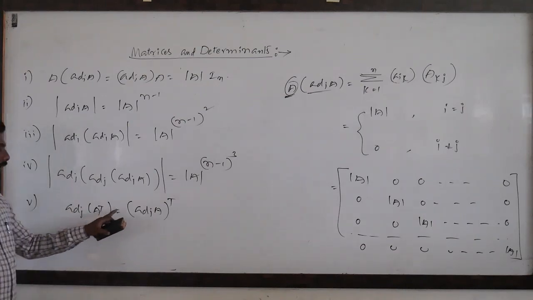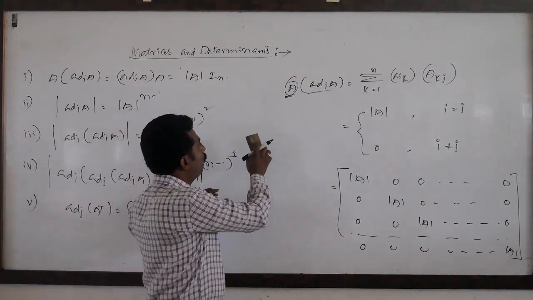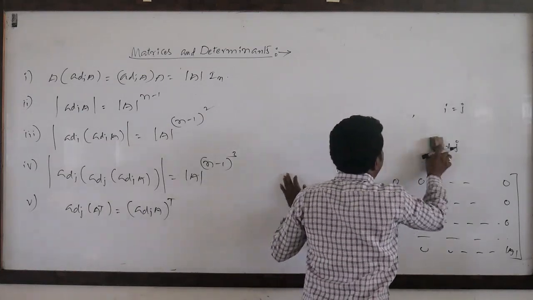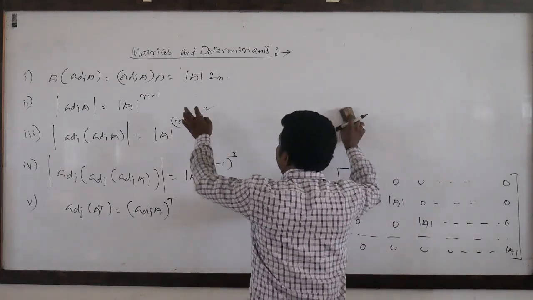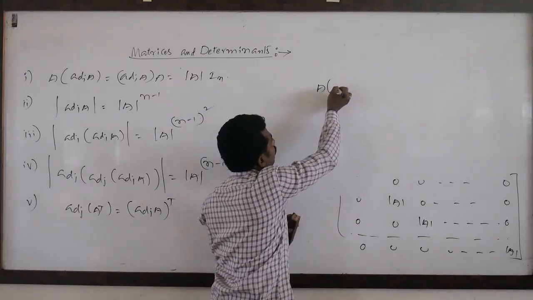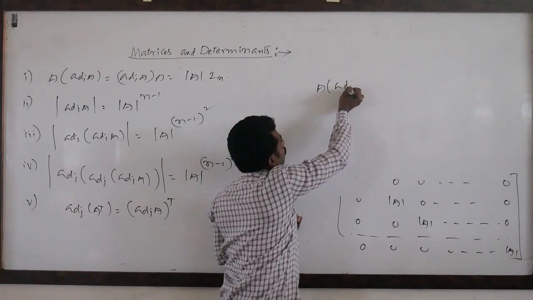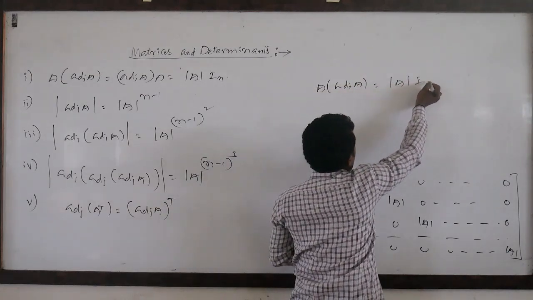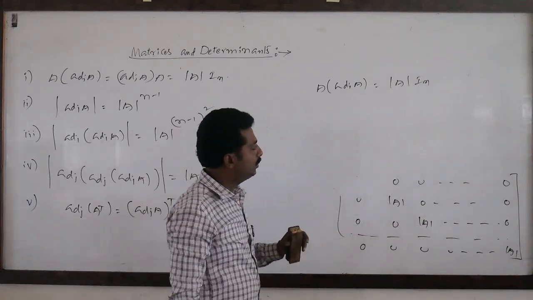So adjoint of A transpose equal to adjoint of A whole transpose. How to prove? We are just using this property: A into adjoint of A equal to determinant of A into In.